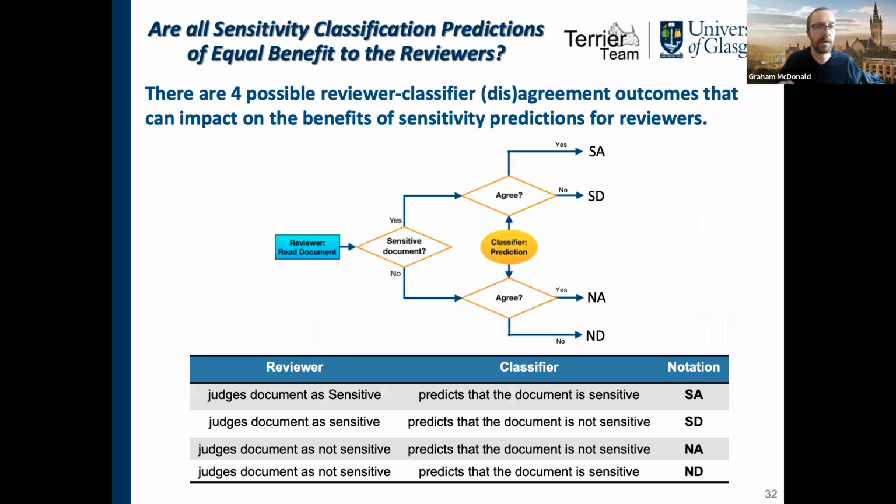Okay, so once we look at whether it works or not, we want to look in a wee bit more depth. So there are 4 possible reviewer-classifier disagreement outcomes. The classifier can either say a document is sensitive or not sensitive, and for each of these predictions, a reviewer can either agree or disagree with the classifier's output prediction. So we want to know what's the effect of these different outcomes on the reviewing speed.